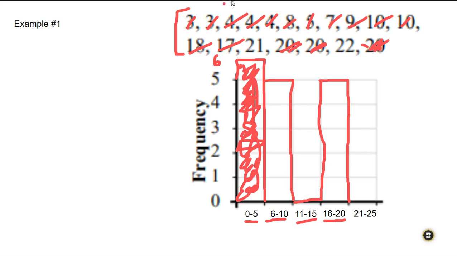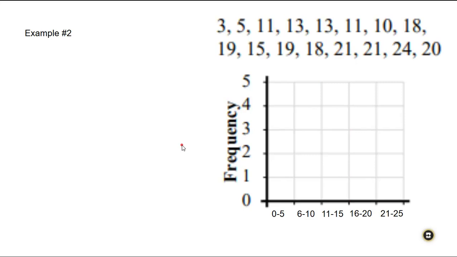They're not always going to be in order. So you've got to make sure that you're looking through every single number before you're plotting them on your histogram. All right, last one is 21 through 25, and we have 1 and 2. And then that's it. Y'all, see, this is what I'm talking about. This stuff is easy. This stuff is light work. All right, let's go ahead and go on to our next example here.